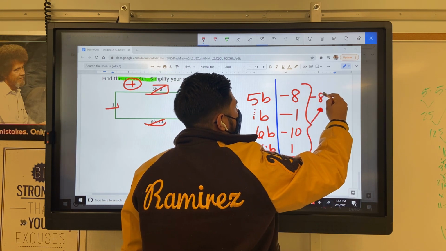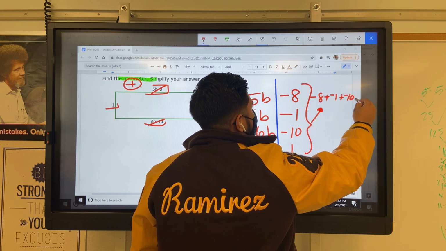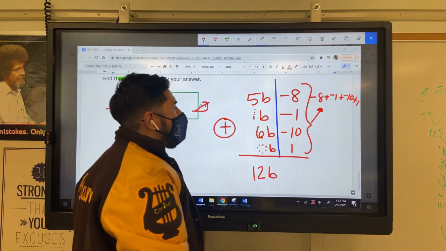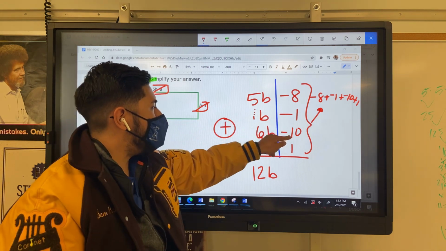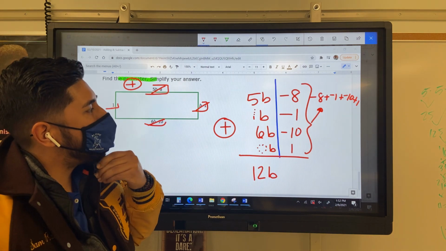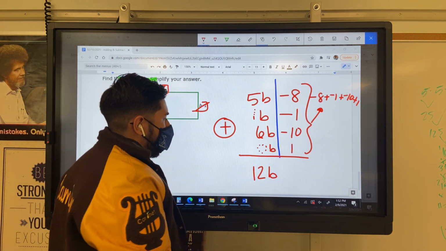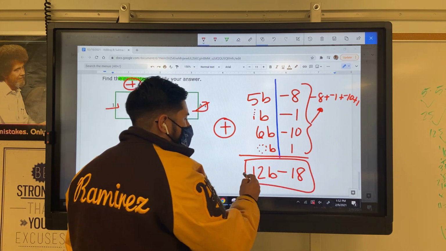We got negative 8 plus negative 1 plus negative 10 plus 1. Negative 8 plus negative 1 plus negative 10 plus positive 1. You should get, let me check it out, negative 18. And that's it.